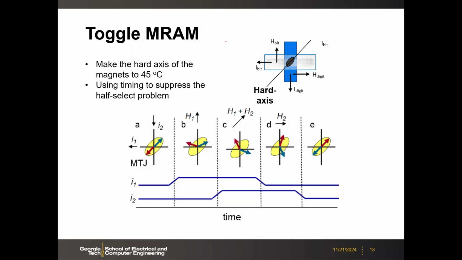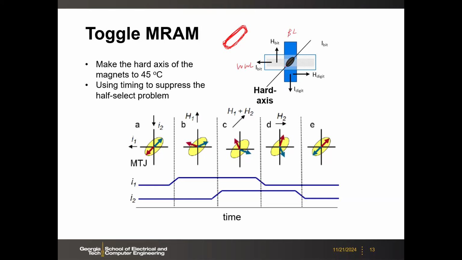So you know the magnet, you have to make it such that the direction of the magnets in this case will be 45 degrees with respect to the word line and bit line. So let's say this is the write word line and this is the bit line.